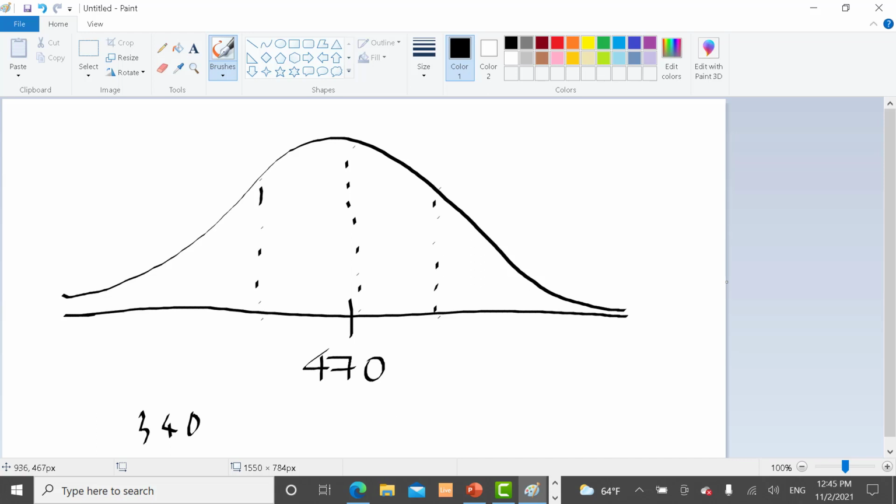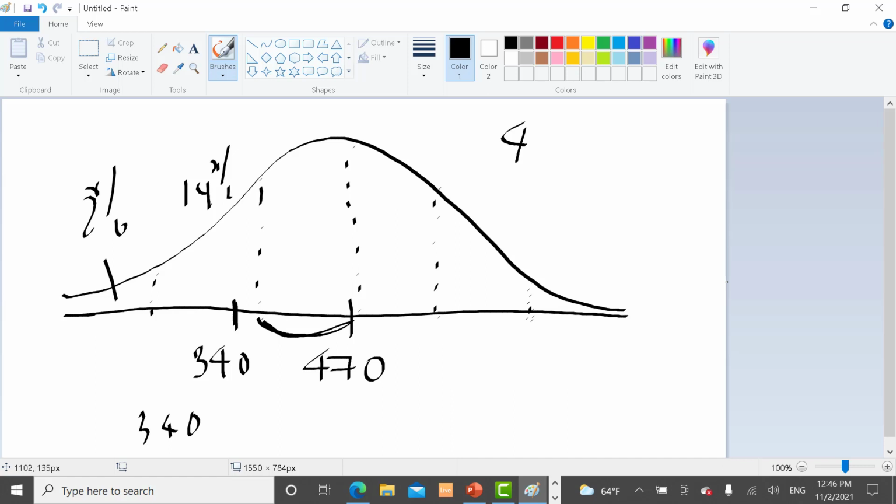So if you separate the bell shape, just similar to the standard normal distribution, we have the 15th percentile. Remember, this is 2%, and this is 14%. So the 15th percentile should be here, and this is 340. See that? So the gap between the two is slightly more than sigma.